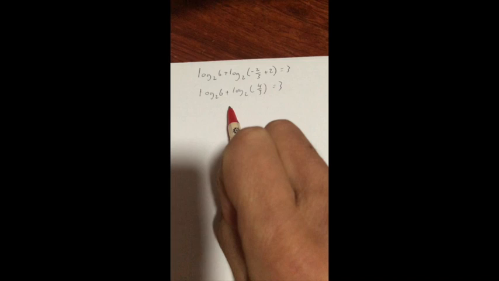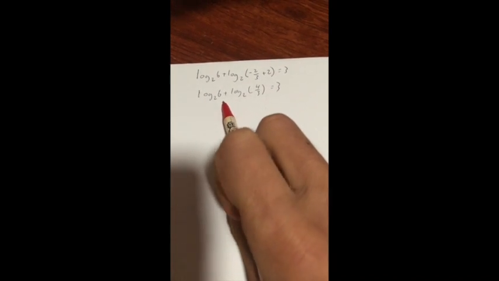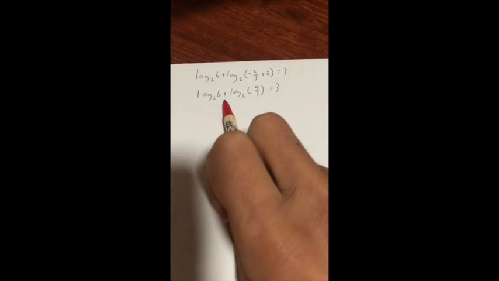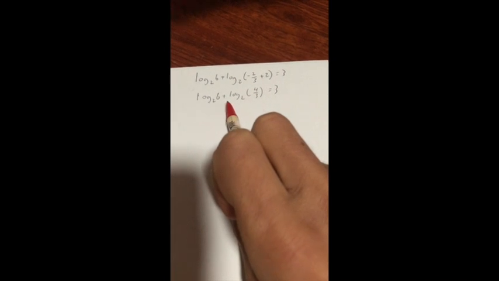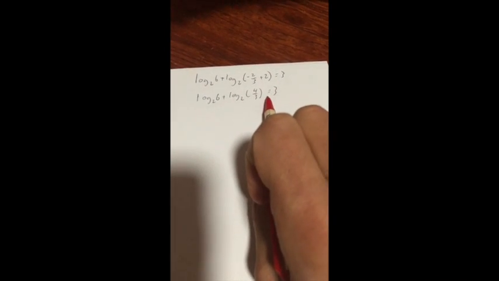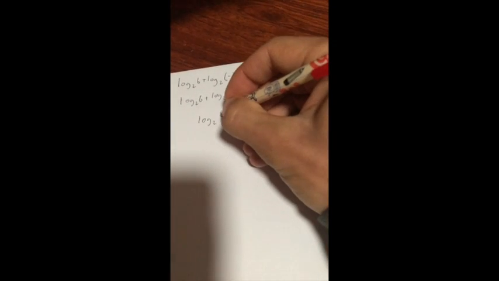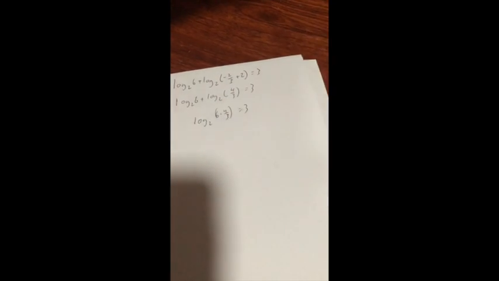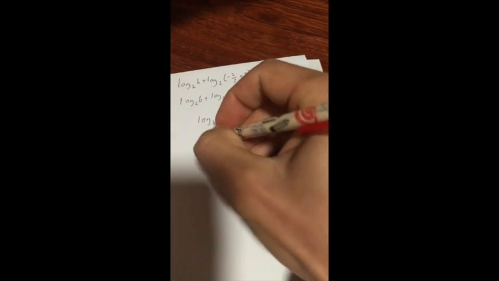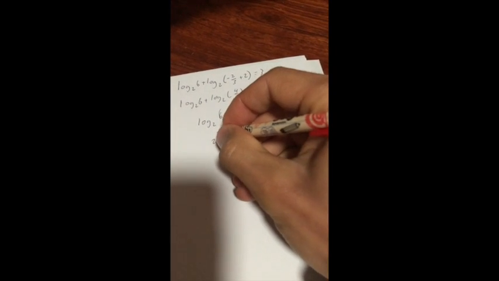Just for the sake of clarifying any misconceptions, let's make sure that this left side is in fact equal to the right side. Again, we're adding them, so we'll multiply the arguments. Rewrite it in exponential form.